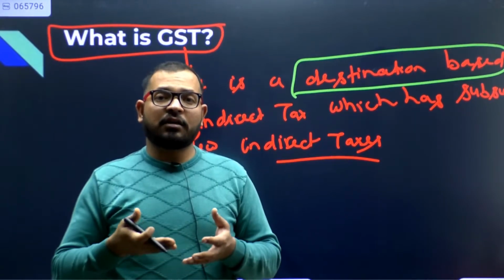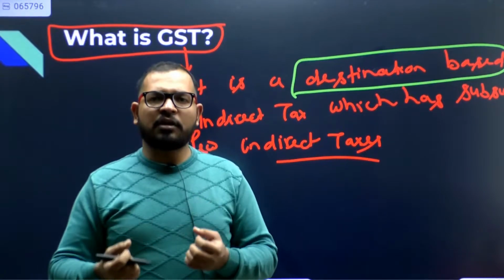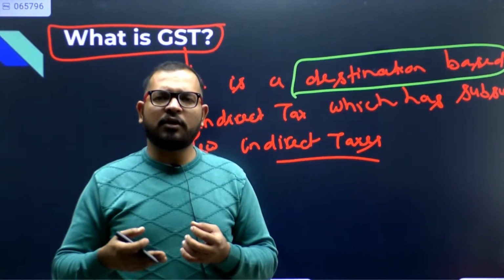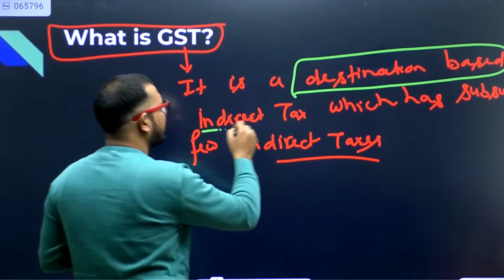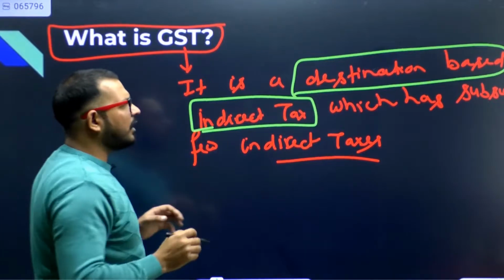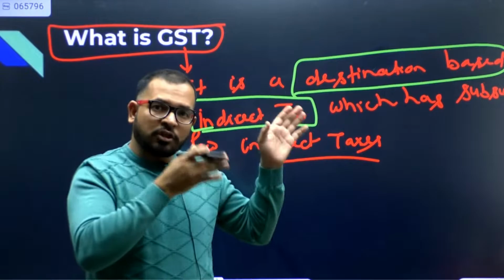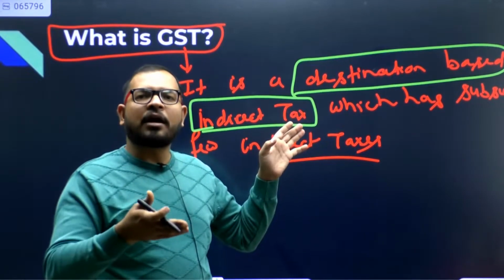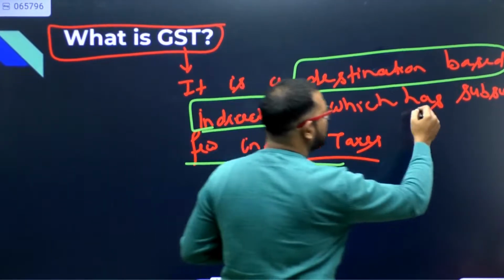But let's say ice cream is made in Bihar and came here to UP, so the tax should be paid in UP, not in Bihar. That's what destination based tax is. It is an indirect tax, not a direct tax. So just recall, what is an indirect tax? Incidence and impact are not on the same person.